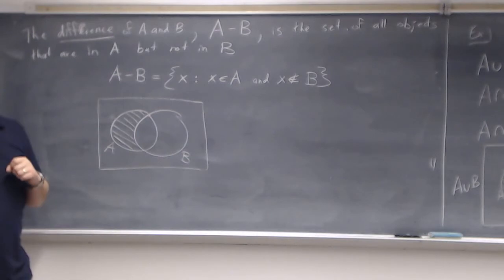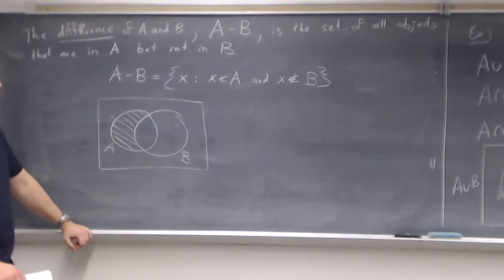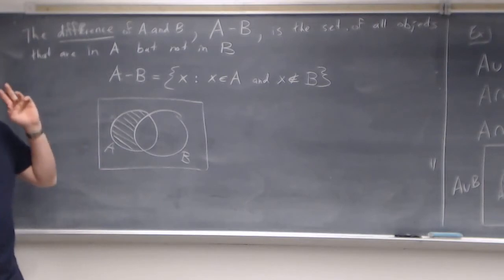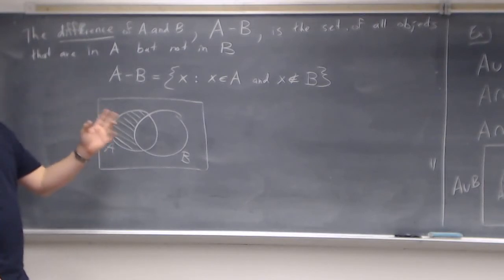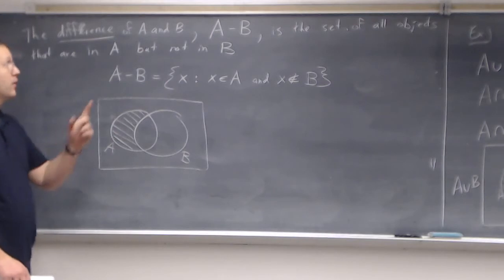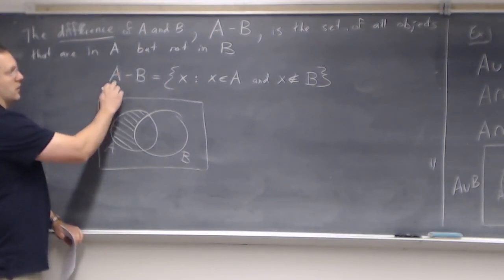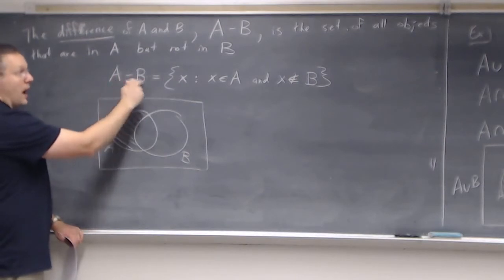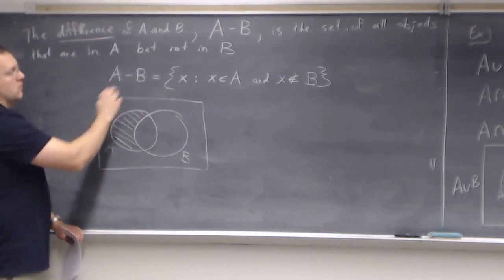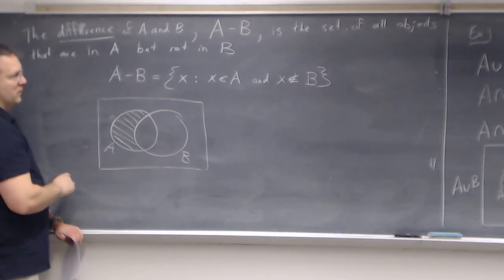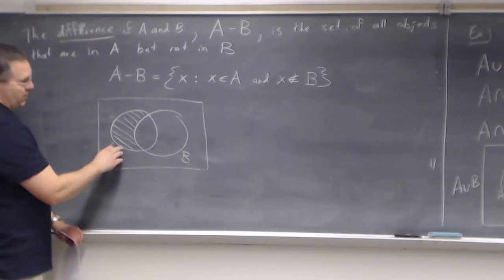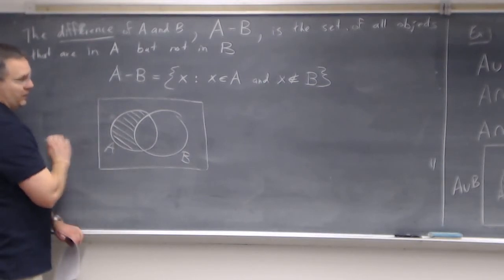Yes. So A difference B is different than B difference A? Yes, it is. That would be, you start with the set B, take out anything that's in A. Yeah, so the first one, the elements are in this set, not in this set. Okay? So this would be the Venn diagram for that.